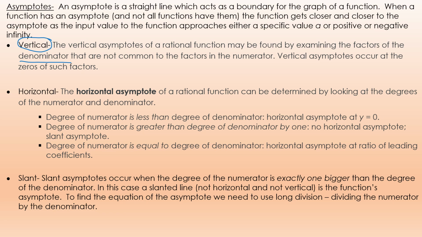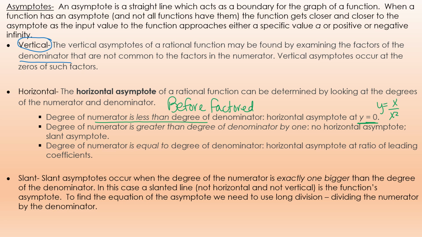For the horizontal and the slant asymptotes, you want to look at your function before you factor it and determine the degree of the function. So if you have the numerator being less than the denominator, so that would be y equals an x over an x squared, that's going to give you a horizontal asymptote at 0.